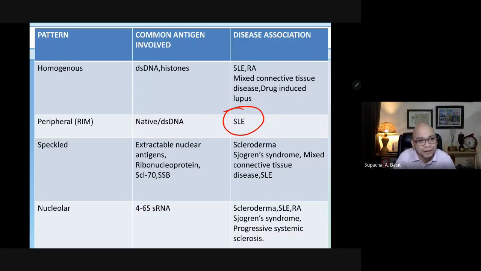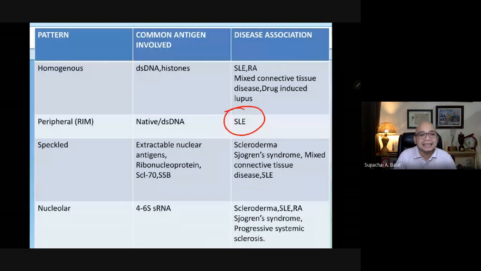So this one is more specific for scleroderma, Sjogren's syndrome, mixed connective tissue disease, and SMA. And then the nucleolar have bigger dots as compared to speckled.